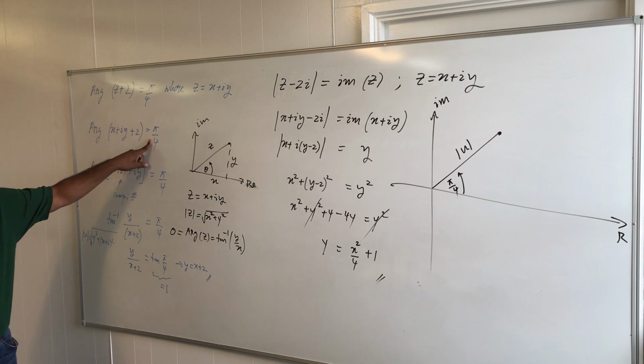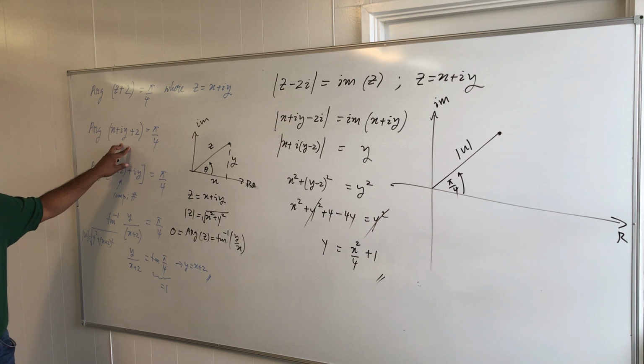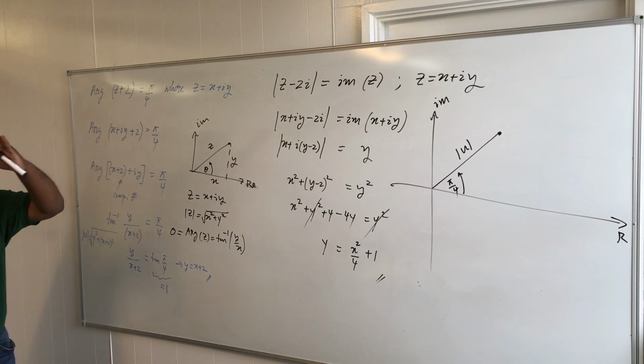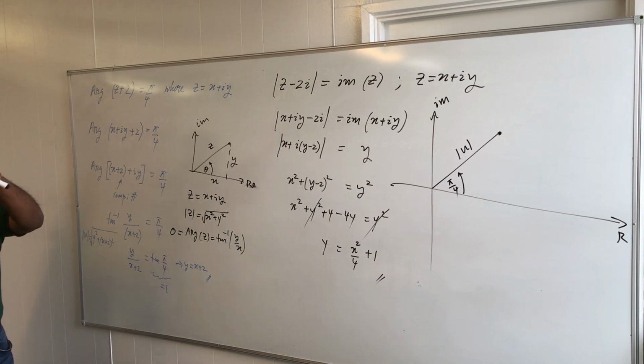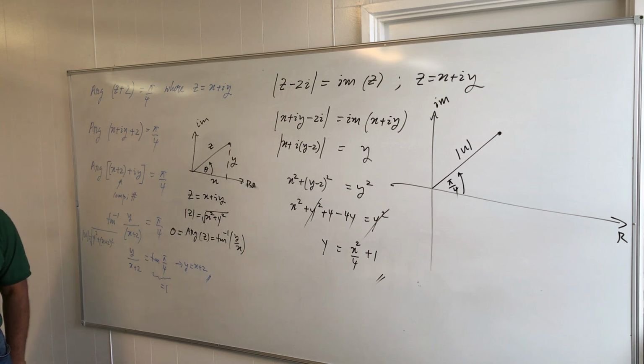Because x and y are variables, right? Having that 45-degree line, on that line the x and y values can be anything. So whatever the x and y values on that line should satisfy that condition.